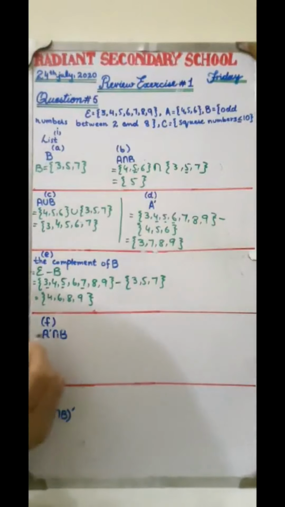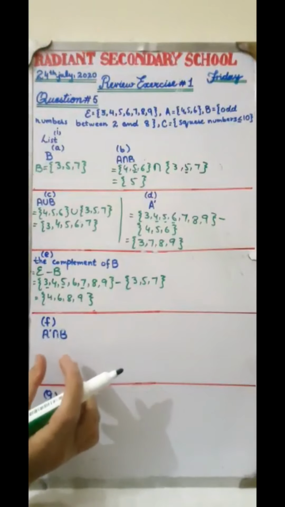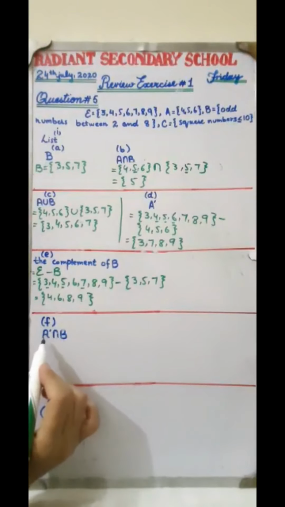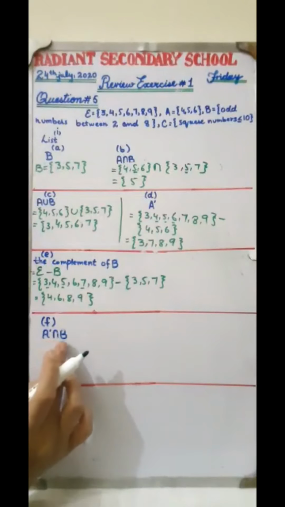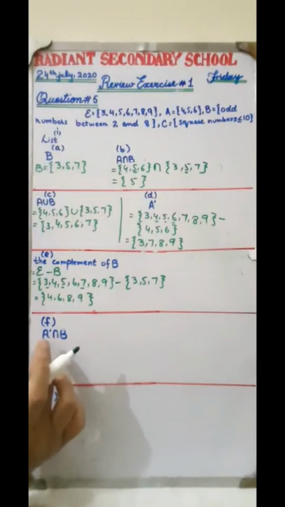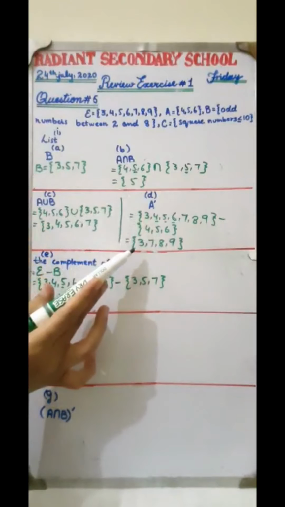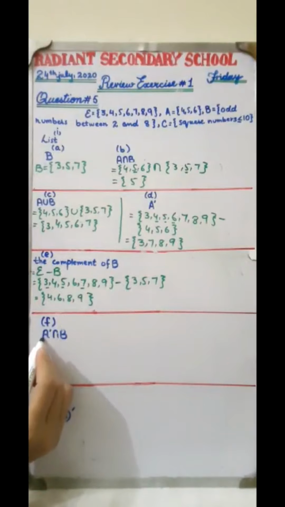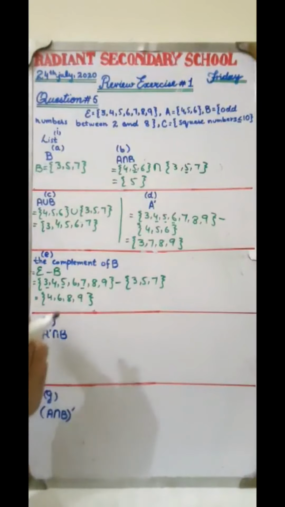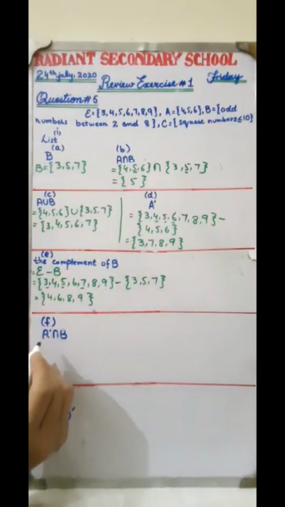Come to F part. In F part we have to find A complement, and after that we have to make the intersection between A complement and B. In part D we found A complement, so we can use the answer of A complement here. In the place of A complement you have to write its answer.